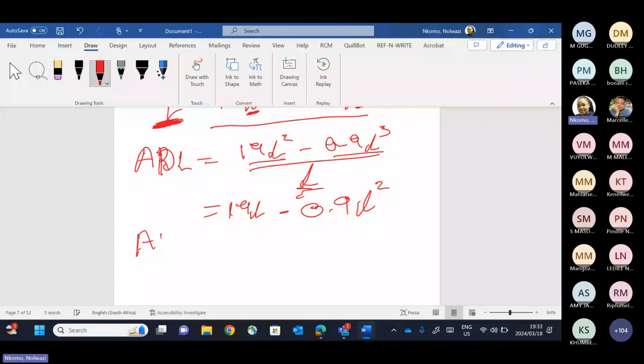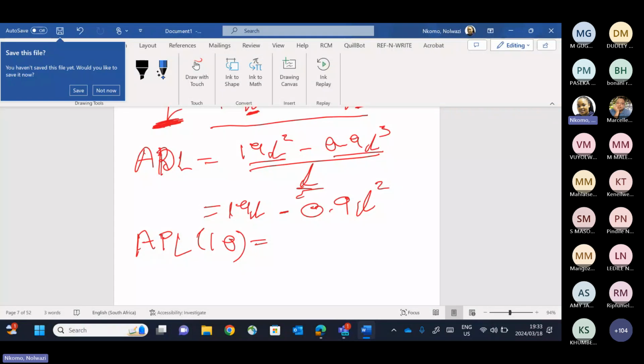So APL: usually we have 10 workers working daily. We want to find the average production of labor. So this means we have 19 times 10 minus 0.9 times 10 squared.